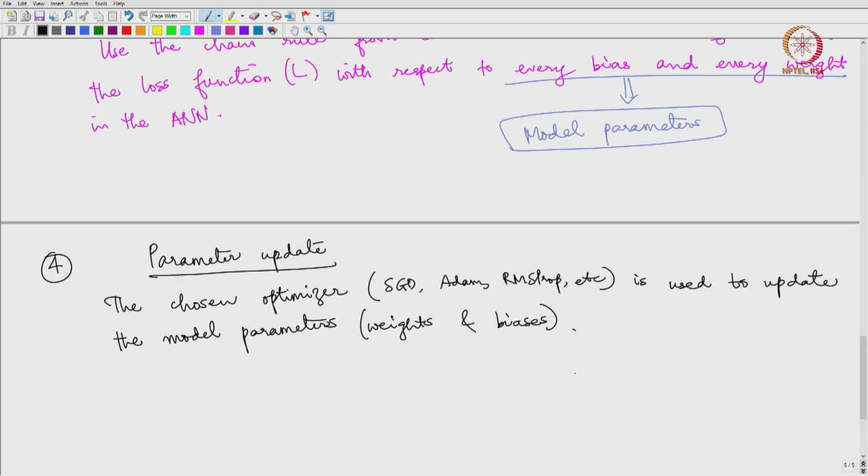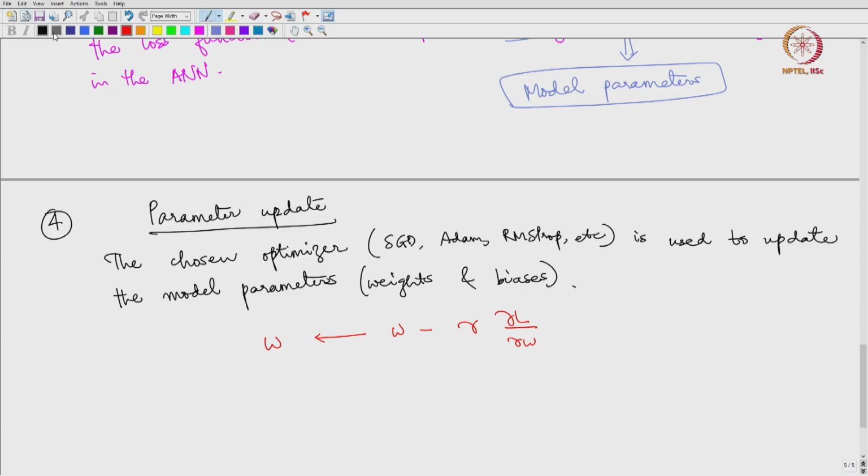Typically you know that this kind of an update, I am just writing it for the weights, is of this particular form. The W in the previous iteration is replaced by W minus gamma times del L del W; this is for one of the weights, and of course there are many variants. I am only showing the basic gradient descent equation. If you go to other methods like Adam, RMS prop, you will have to change these equations, where you have some kind of adaptiveness in the learning rate.